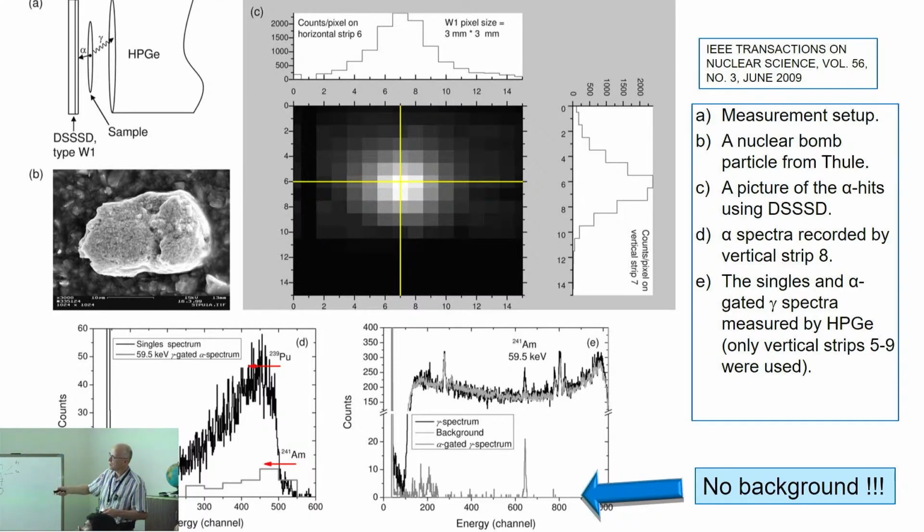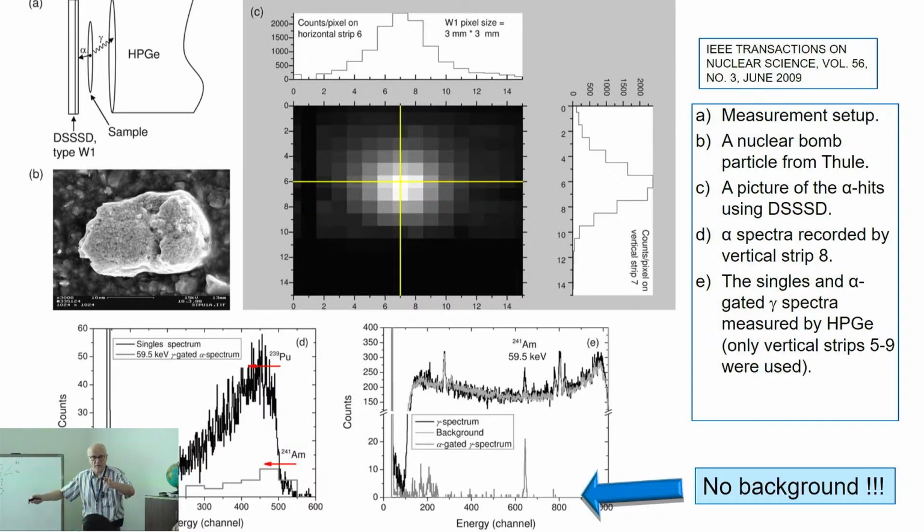So this is a coincidence spectrum. You can see here some counts, not very many in this case. Counting time was so small. But these are only americium, nothing else.